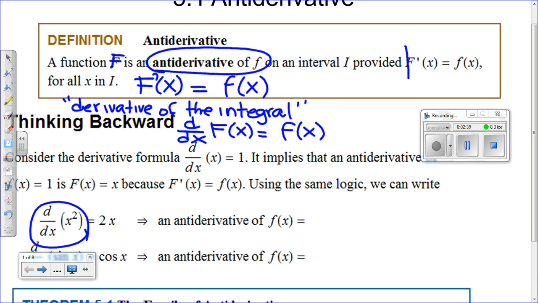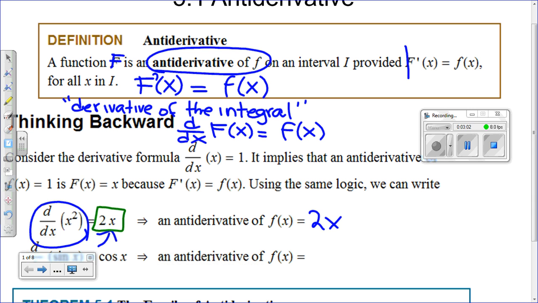It's pretty simple, 2x. You got it there, right? So then f of x is going to be 2x. We're going to be using that one.